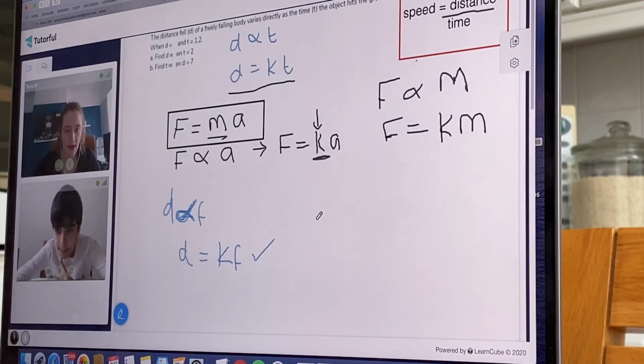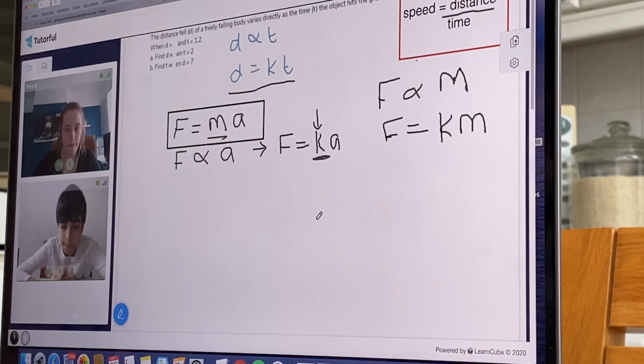For example, if I just use F equals ma for a second, and I say that F is equal to ka, where a is acceleration.